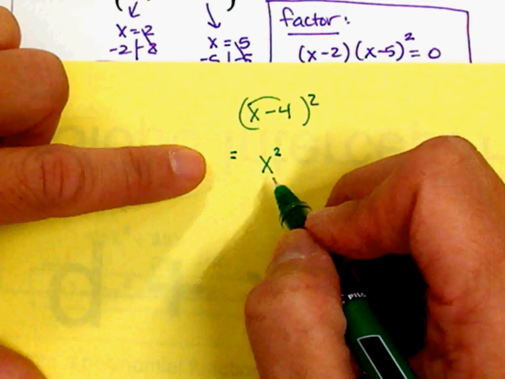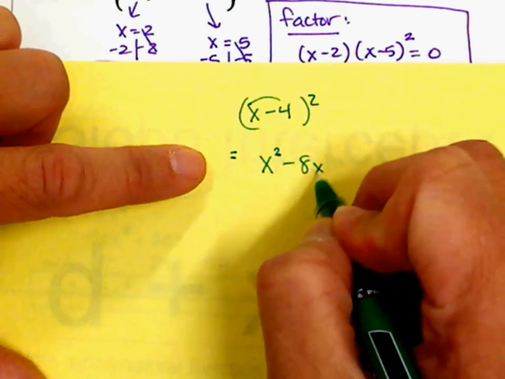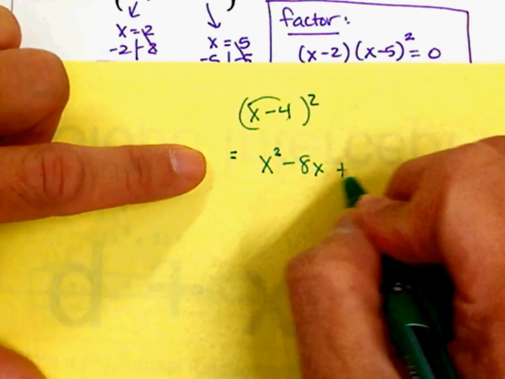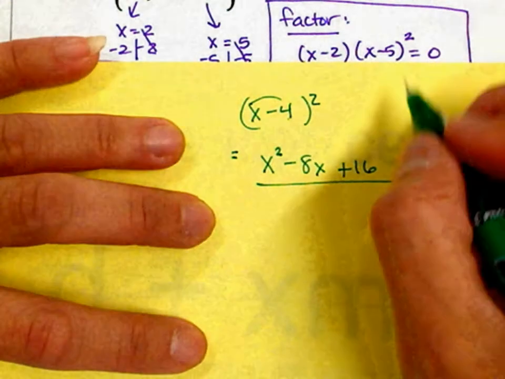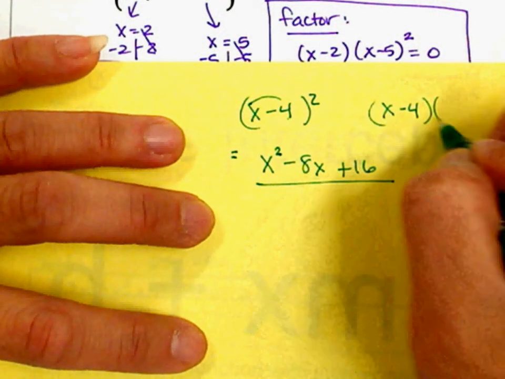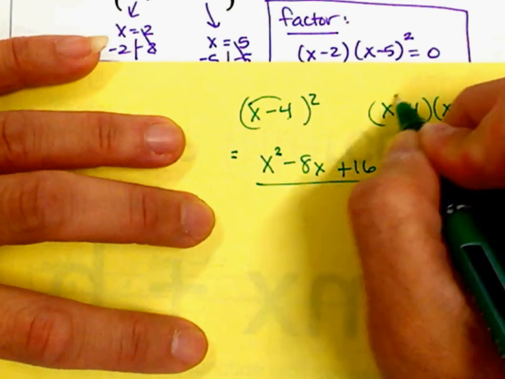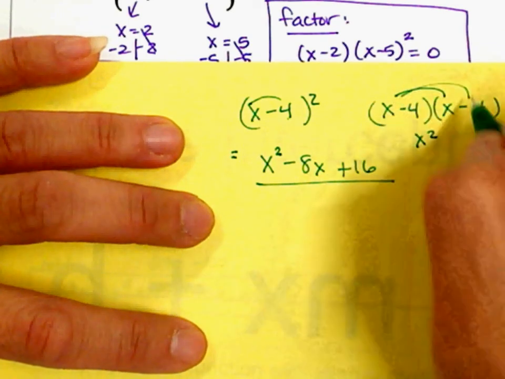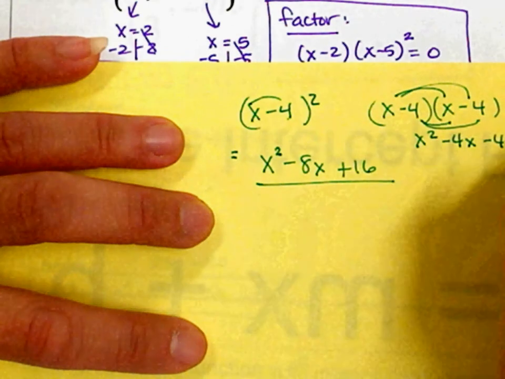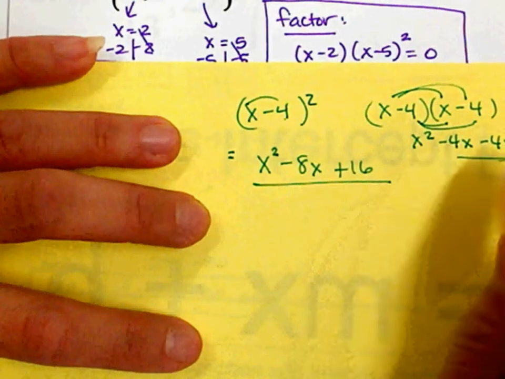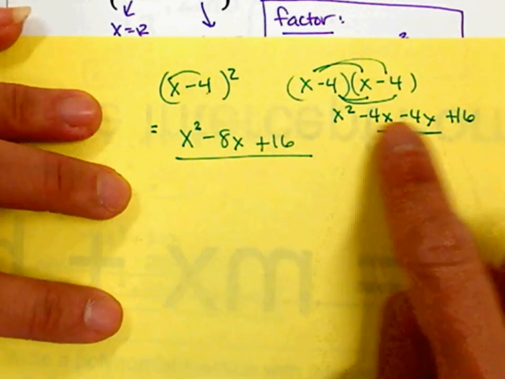Negative 8x. What's negative 4 squared? Plus 16. Do you guys see that? Remember doing that? Because it's easier. X squared, negative 4x, negative 4x plus 16. Don't these two always double in the middle? You guys remember doing it?